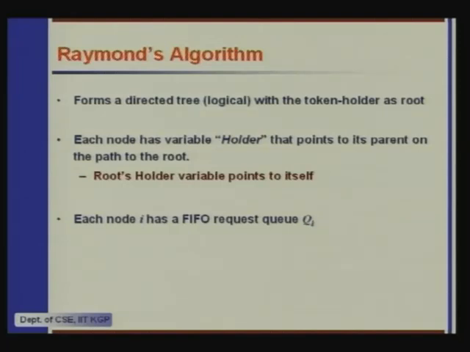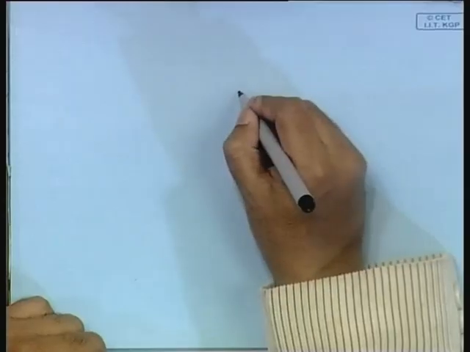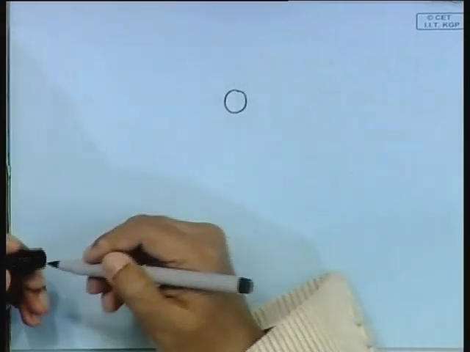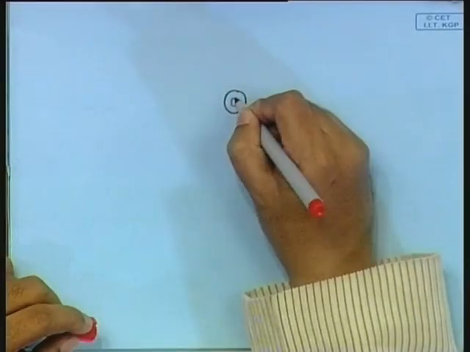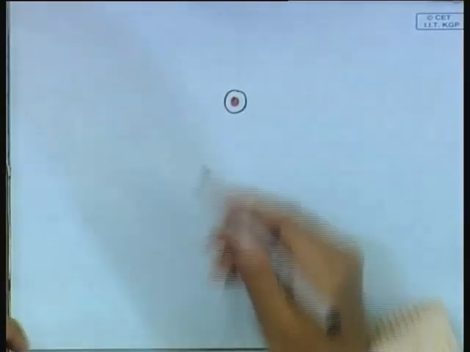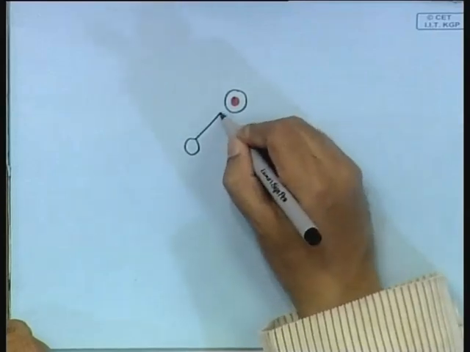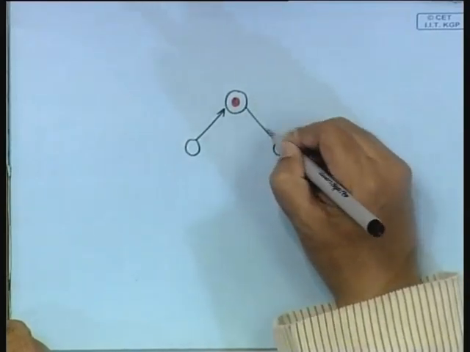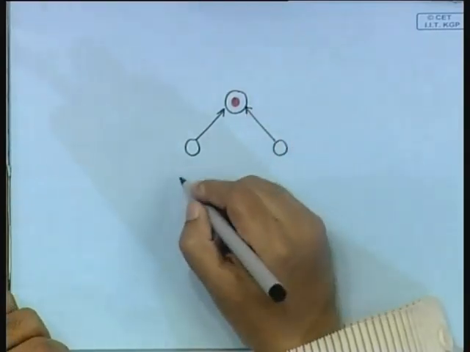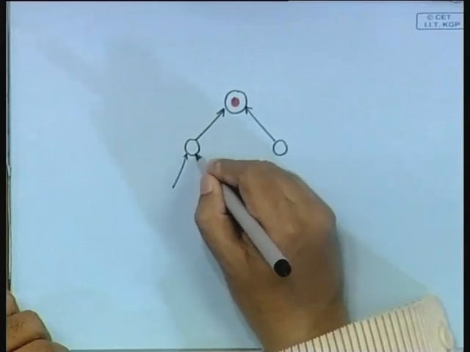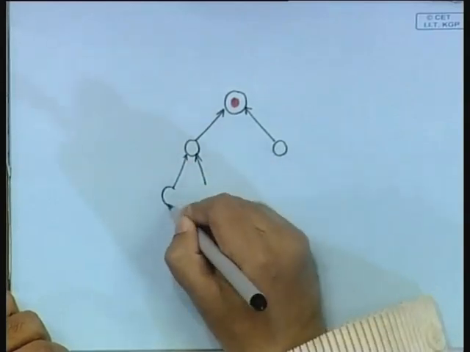All right. So, let's draw the structure. We have the root which contains the token, and all the other nodes are organized in the form of a tree with the holder as the root.